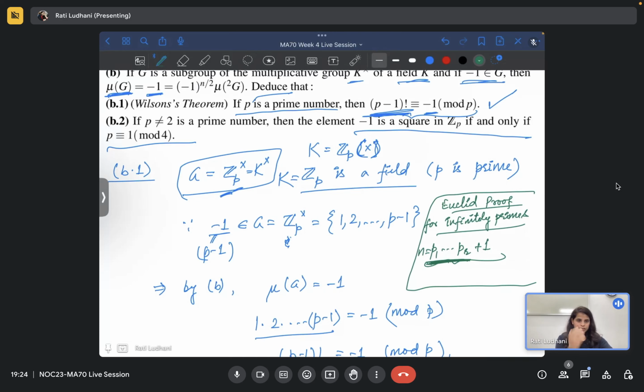Now the question becomes: are there infinitely many primes satisfying 3 modulo 4 or 1 modulo 4?